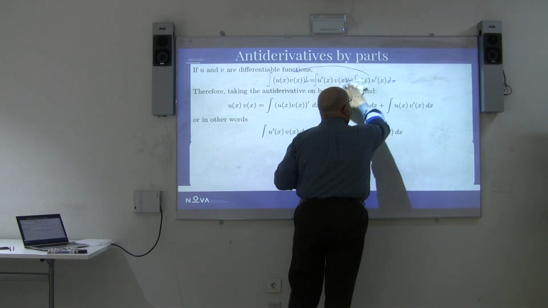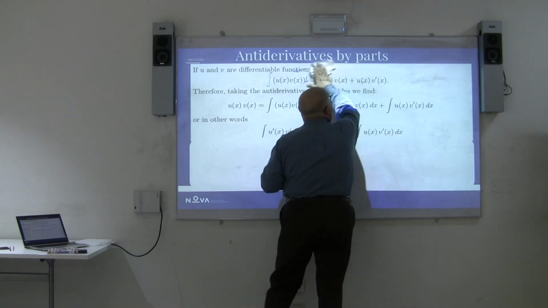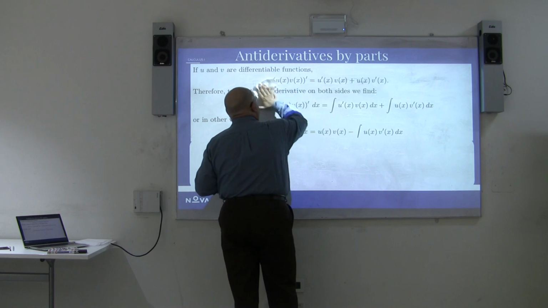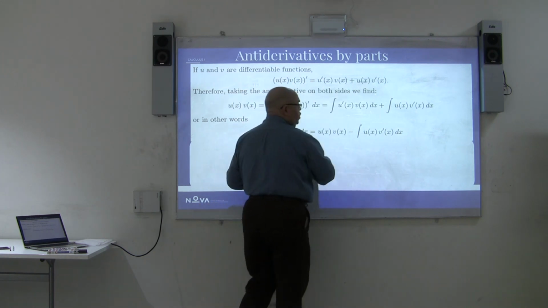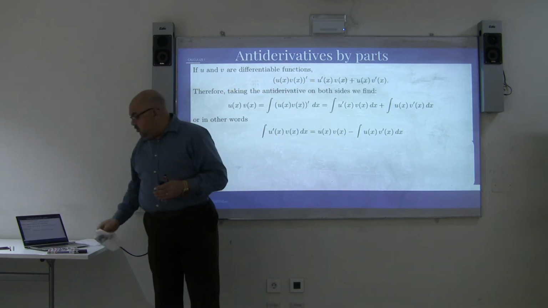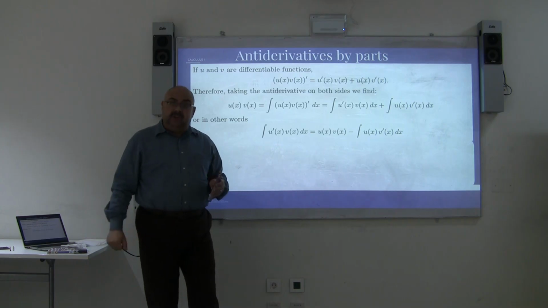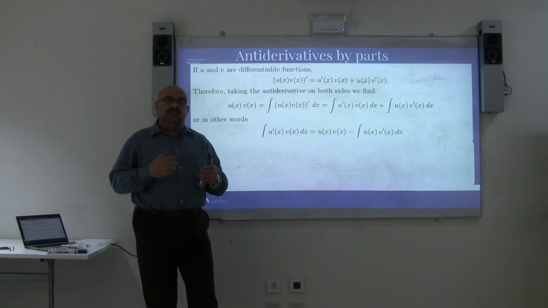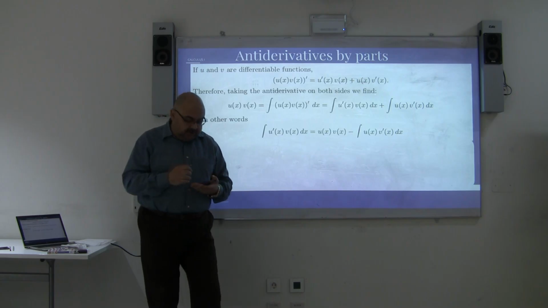Case number one, if you have a polynomial times an exponential or trigonometric function. Case number two, if you have a function that you cannot integrate. The third case, if you have two continuous functions in differentiation and integration, the general case is like multiplying an exponential function by a trigonometric function.